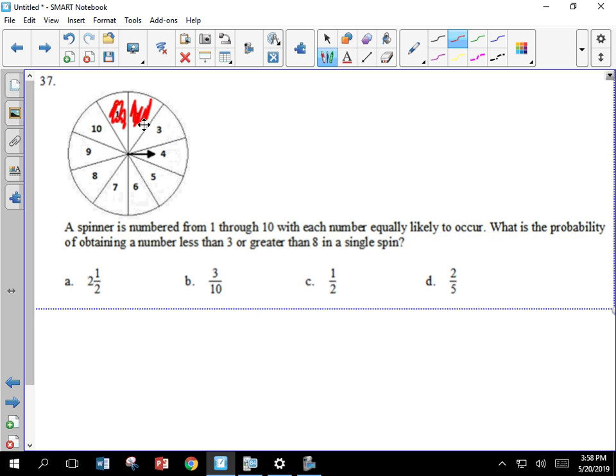So the numbers less than 3 are 2 and 1, or greater than 8. 9, 10. So I'm going to count how many numbers meet that criteria. 1, 2, 3, 4. So 4 out of 10 total. 4 out of 10 is not an option.